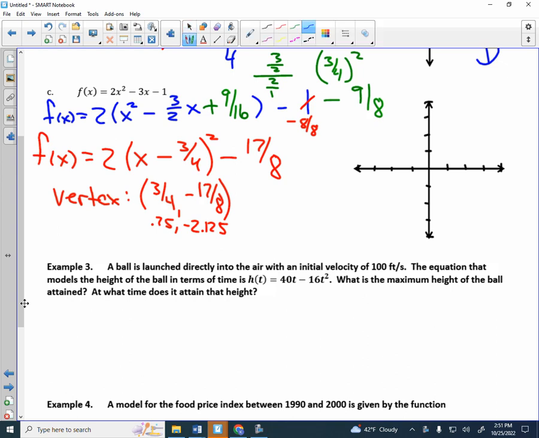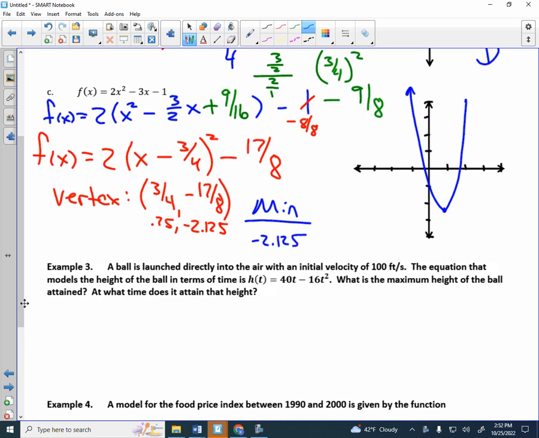So I go 3/4 over, and I go down 2.125. And is it up or down? It's up. Has a minimum of what? Maybe 2.125 or 17/8, however you want to write it. And that's that.